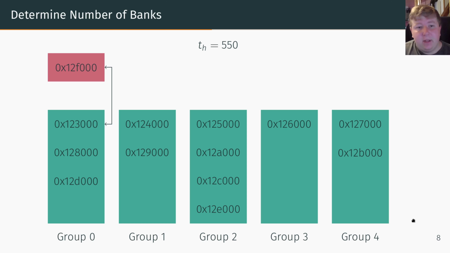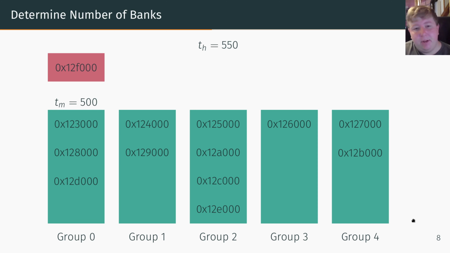We compare the address with the first address of group 0 200 times and measure the access time. We repeat this for the second address in group 0 and the third address in group 0. Then we take the median access time, which would be, for example, 500. We limit the number of addresses from each group to compare with to 9. So basically, if a group has more than 9 addresses, we randomly select 9 addresses and compare with them.